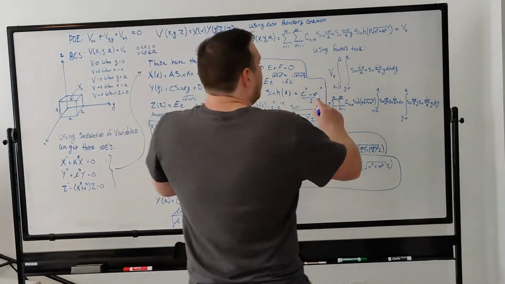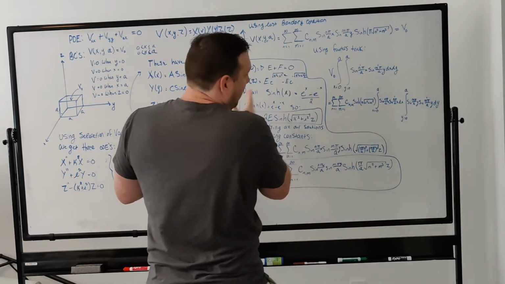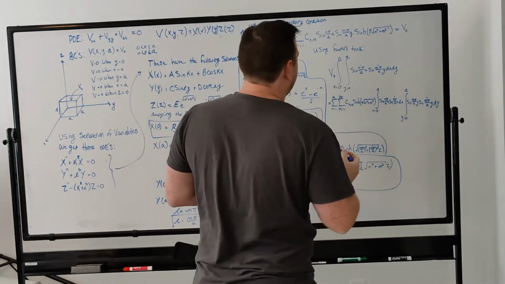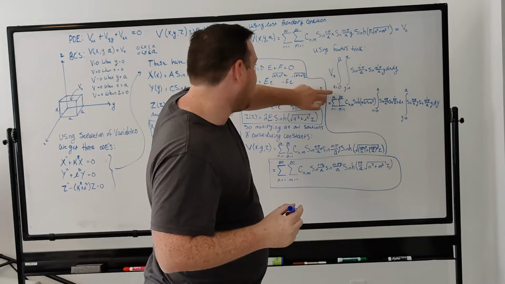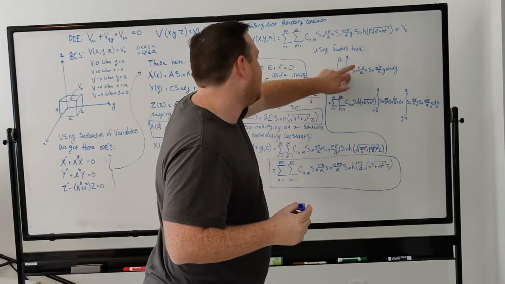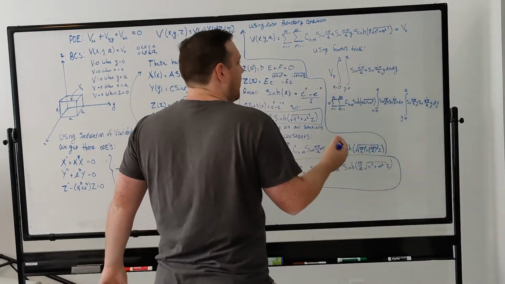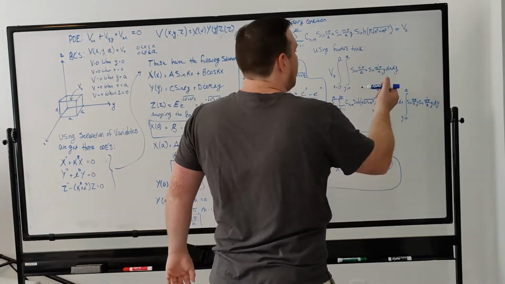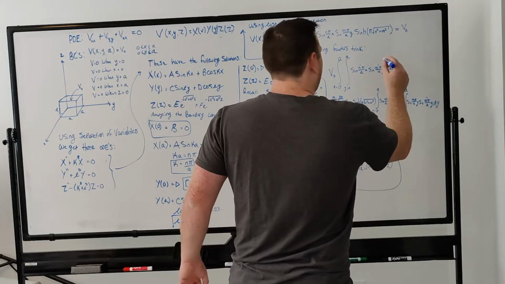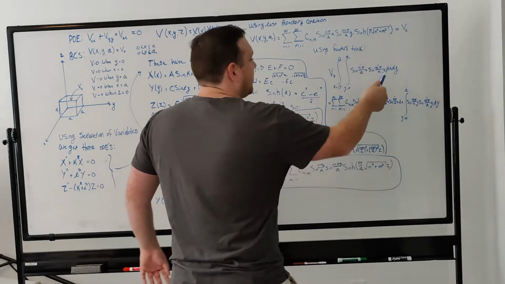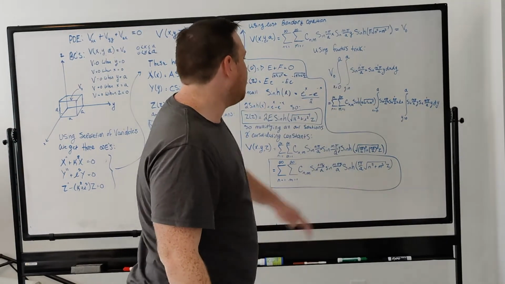What you're seeing here on the right side, I just moved to the left side at the beginning of the equation because it's easier to see. So we're multiplying by these two integrals. We're integrating from x equals 0 to a and y equals 0 to a, with sine of n prime pi x over a and sine of m prime pi y over a, integrating with respect to x and y. So this is what we multiply on both sides.